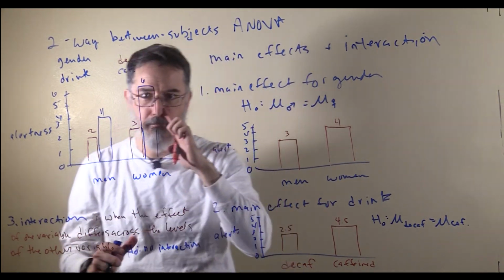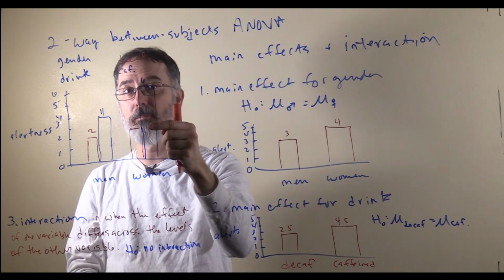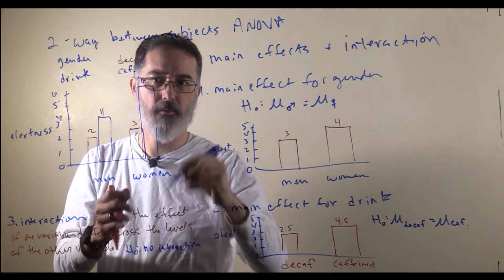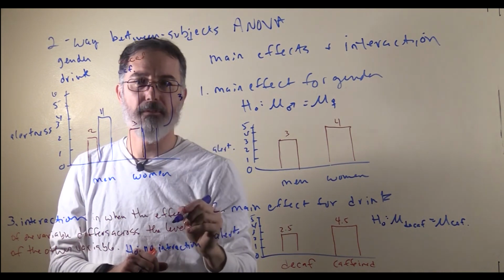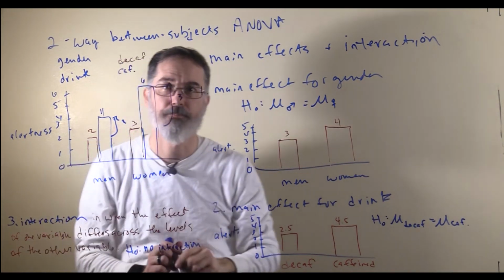Now what I've drawn is a situation where women had a greater improvement than men from drinking caffeine. So you could draw it this way: from 3 all the way up to 6, so women got a boost of 3, whereas men went from 2 to 4, they only had a boost of 2.